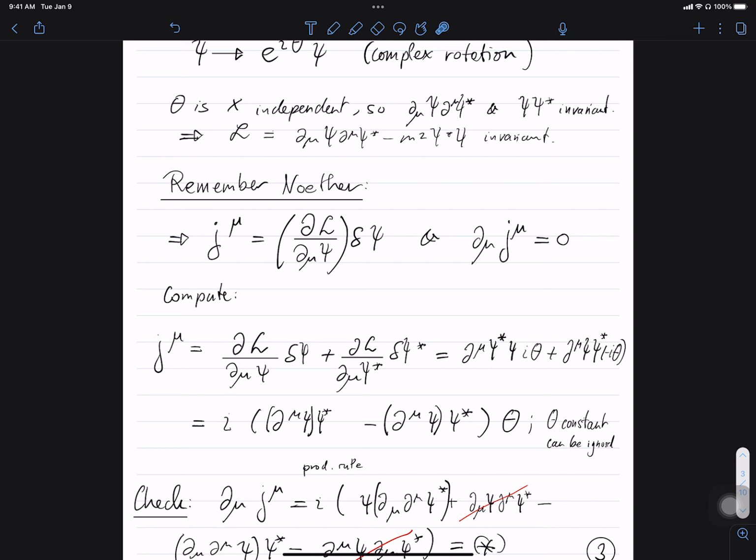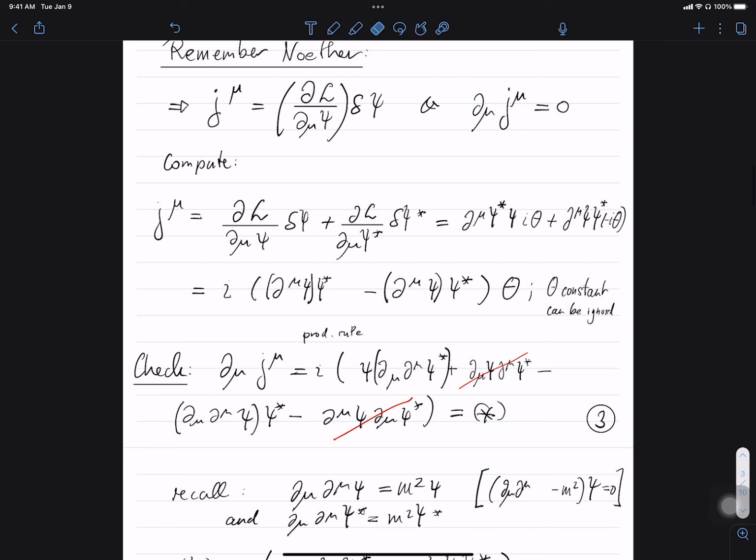This is defined like this: dL, Lagrangian, divided by d mu psi times the variation of psi, and then it is conserved in this 4-current way. Now we can compute what is actually the conserved current, and dL by d mu psi gives us d mu psi star, and the variation of psi is just psi times i theta.